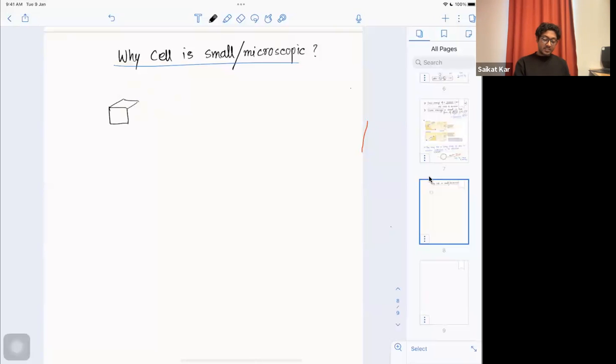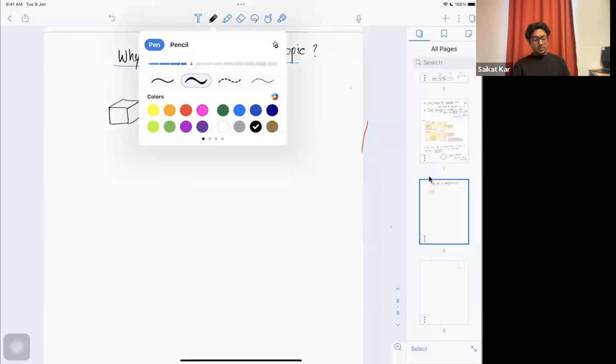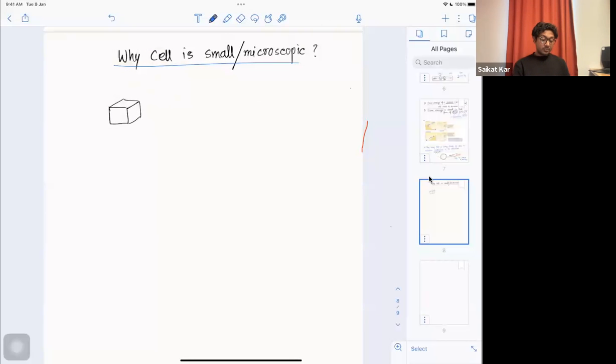Suppose this is a cell, and it is having a cubical structure, a cube. Now say each side of the cell is 1 millimeter.